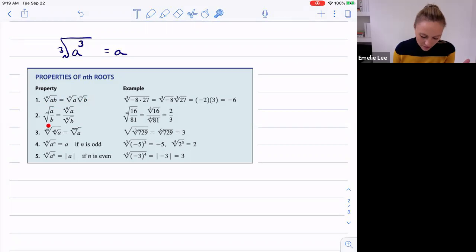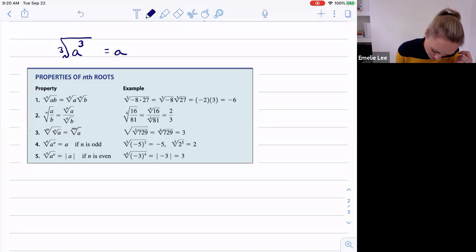Same thing with the nth root of a over b. If you've got division in there, then you can break it up just because you are basically dealing with an exponent. Even the mth root of the nth root of a, we can simplify as just the m times nth root of a. Okay?